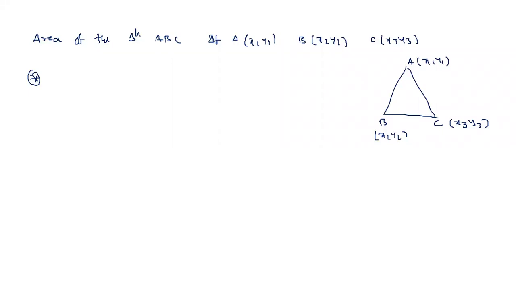Students, I'm asking a question to you people, children. Area = 1/2 [x1(y2 - y3) + x2(y3 - y1) + x3(y1 - y2)].